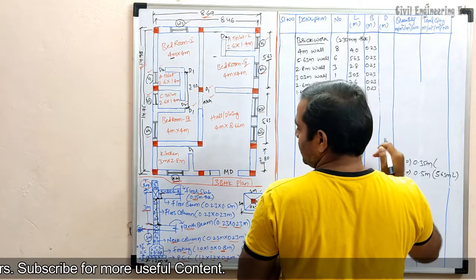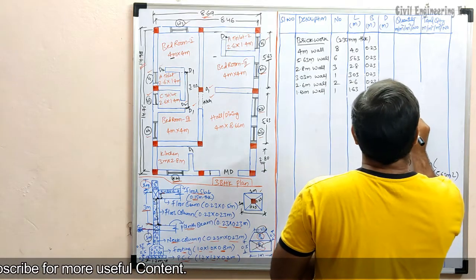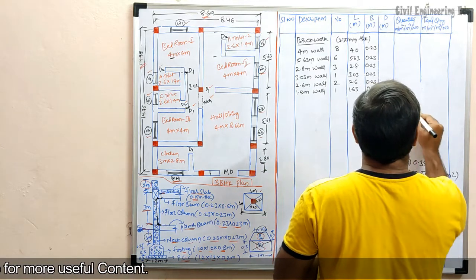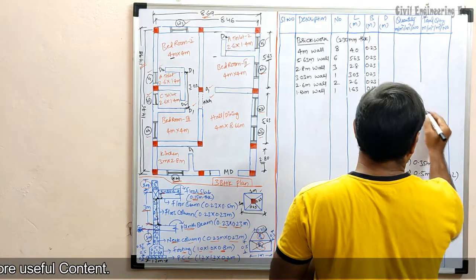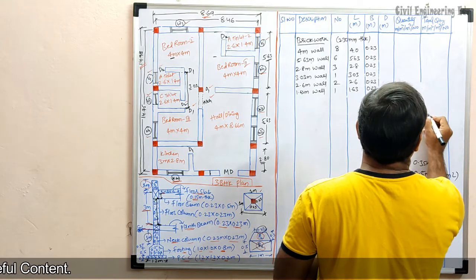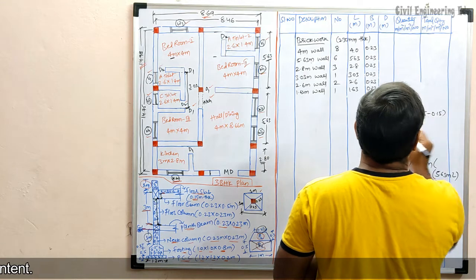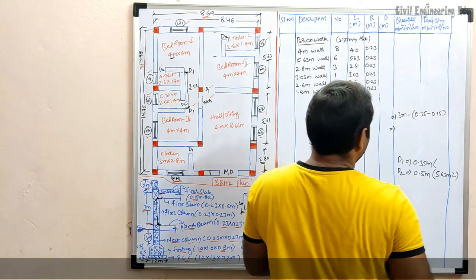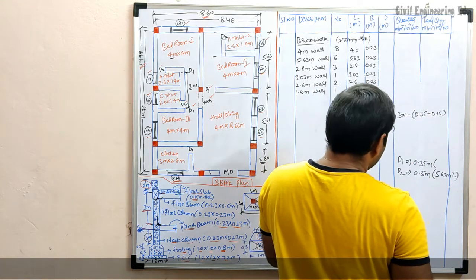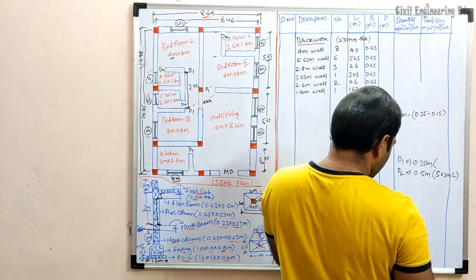So I'll take like this, 3 meter minus total depth of beam is 0.35 minus 0.15. So how much we will get? 3 minus 0.35 minus 0.15.